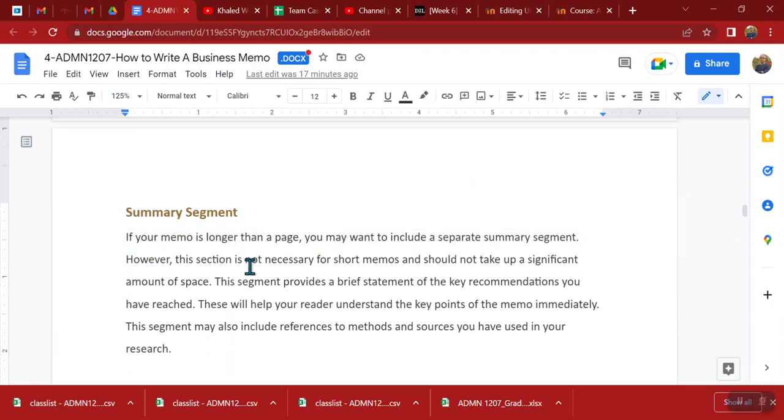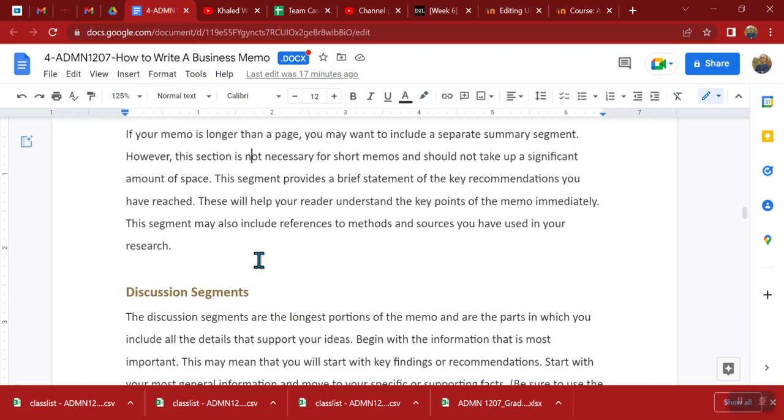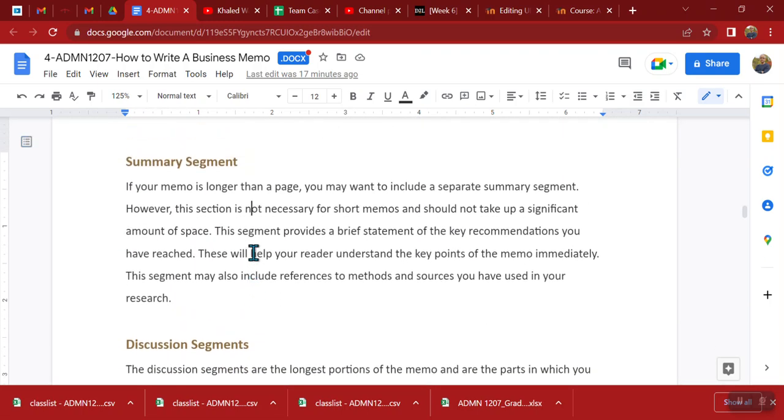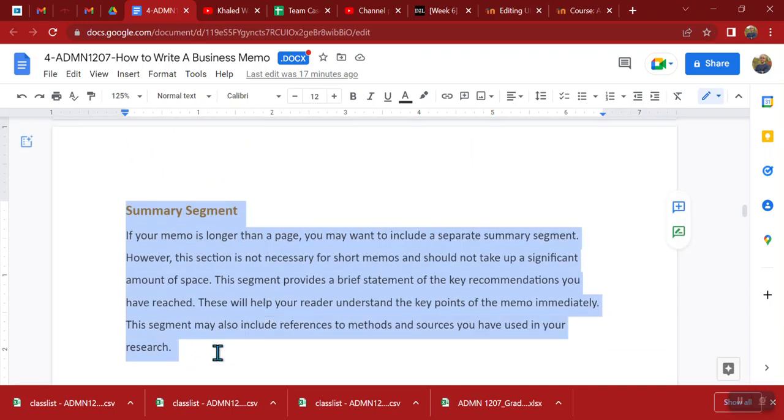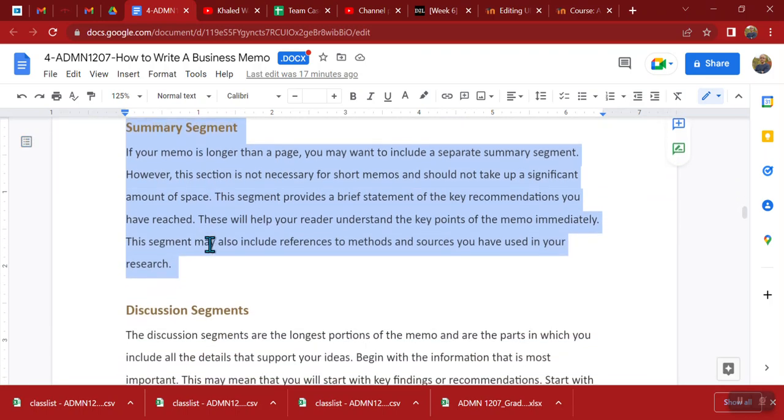The summary segment is just to remind the reader to say, oh, this is the conclusion of the previous segments. Nevertheless, the memo is not yet finished. This is very optional. What does it mean? It means you don't always need to have it, and I would suggest not to have it in this memo for your case. So you can easily skip this part.